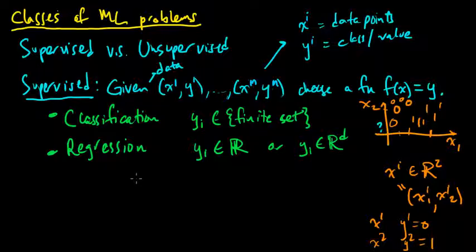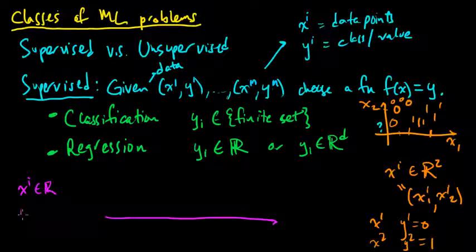Now a little example of a regression problem. Let's suppose that the xi's are just real valued, and the yi's are also real valued. This will be my x value, and this will be my y value for each data point.